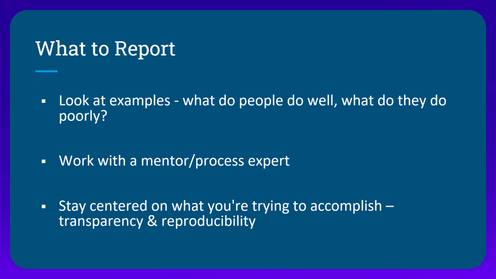One of the often underappreciated aspects in performing a systematic review is the value of methodology expertise. Given the way systematic reviews are done, it's important to have someone on the team who understands the process. Overall, it's important to stay centered on what you are trying to accomplish with your reporting. The goal is to be transparent and for what you report to be as reproducible as possible.